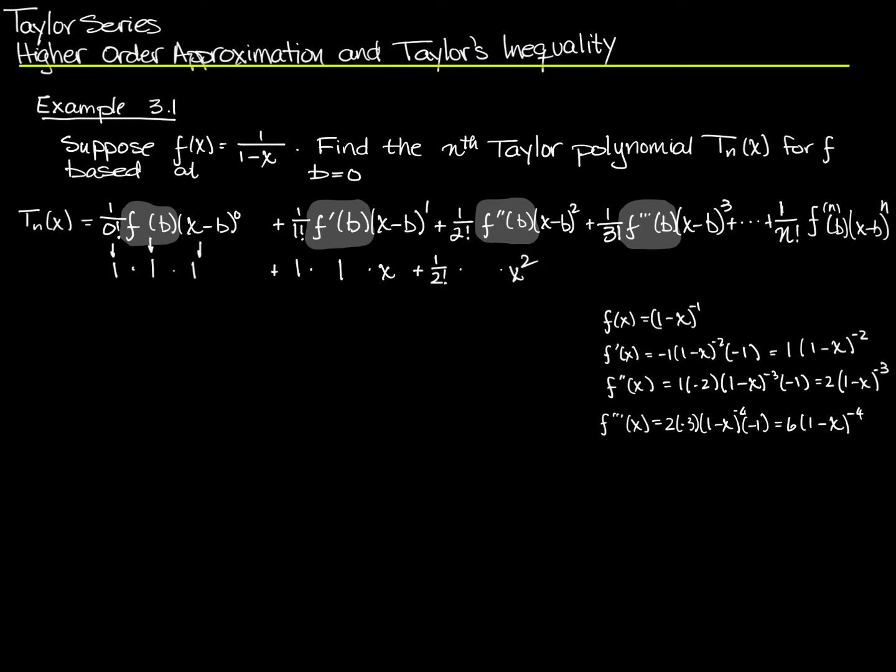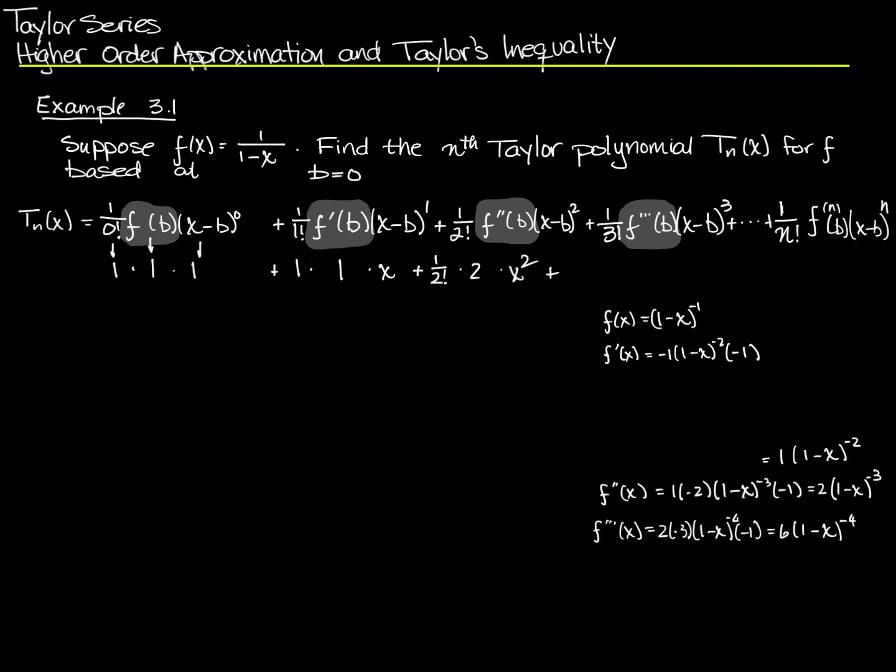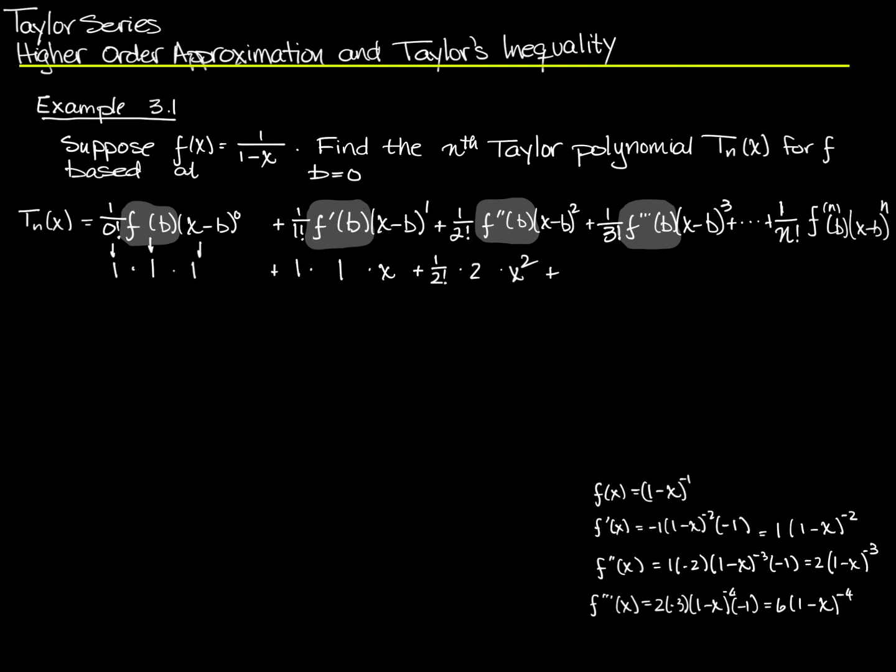There's my x squared. But what goes in here is f double prime of b. b is 0. F double prime, evaluated at 0. 1 minus 0 is 0. Sorry, 1 minus 0 is 1. Raised to the third, to the negative third is 1 times 2. So that's actually 2. Plus, now let's see, can I move all of this down? I can.